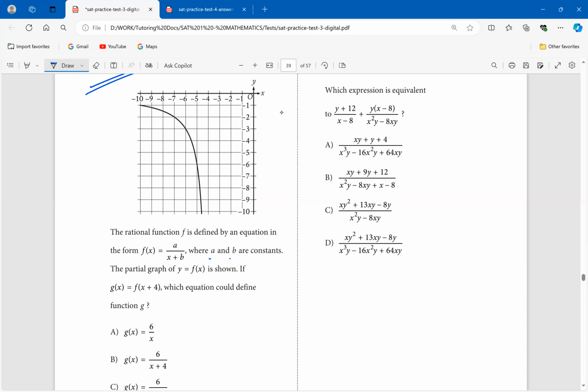If g of x equals f of x plus 4, which equation could define the function g? So you have this partial graph, and you know that y equals a over x plus b. This is what we know for now.